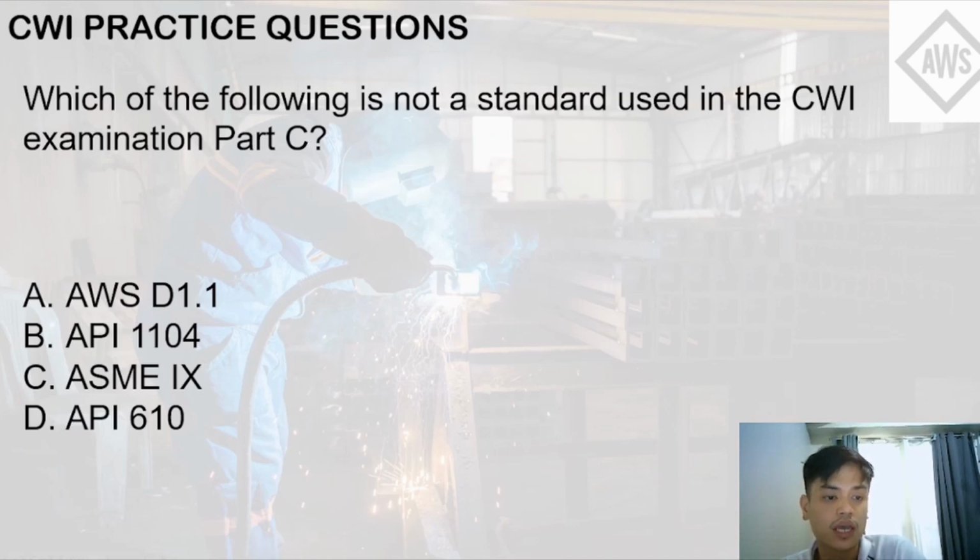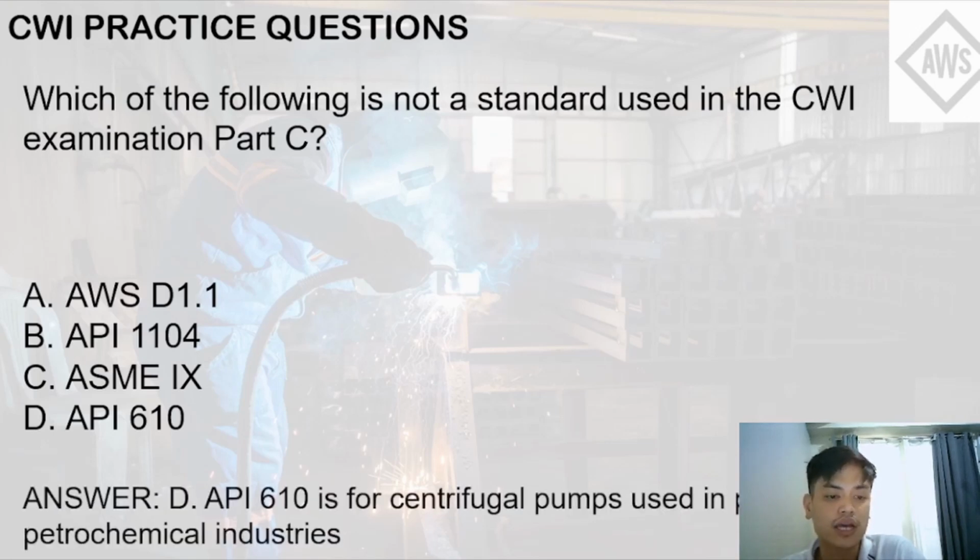And letter D, API 610, is for centrifugal pumps for petroleum and petrochemical industries. So the answer here is letter D, API 610. It is not used as a standard in the open book part of the CWI exam.